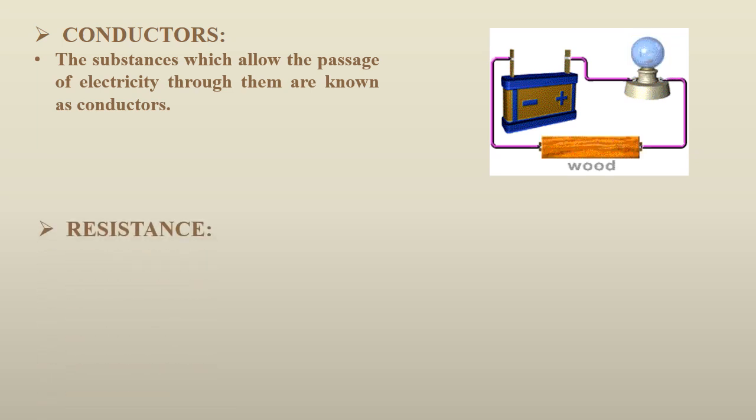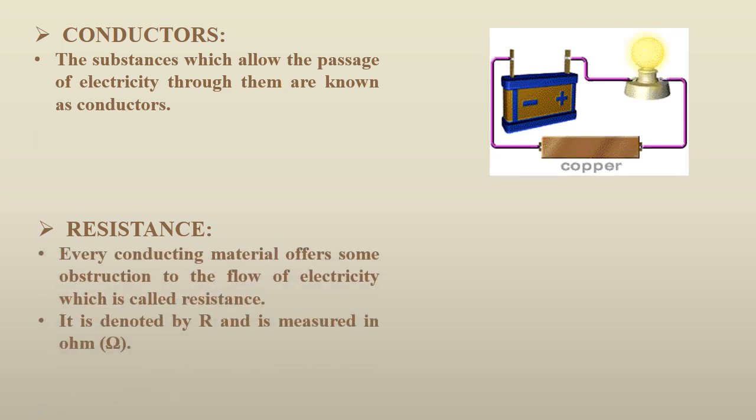Then resistance. What actually does resistance mean? Resist, right? The word itself suggests the meaning. Every conducting material offers some obstruction to the flow of electricity, which is called resistance.